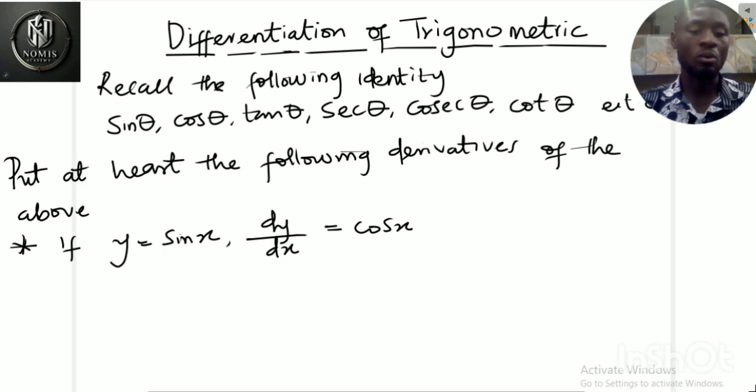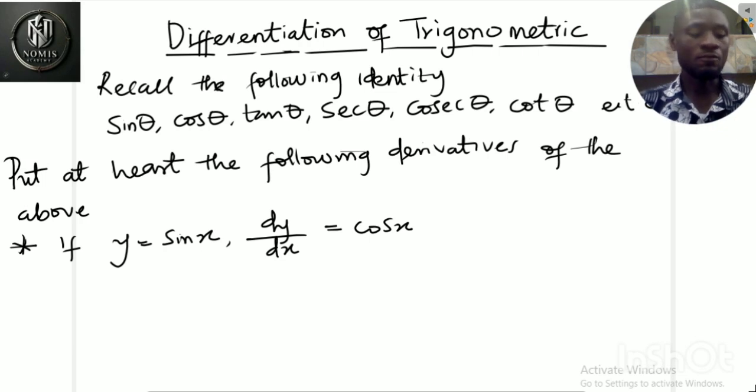So when we get involved in differentiation of trigonometric identities, we'll be using some identities that we should always put at heart. To put at heart the derivatives of the following, we need to memorize, learn, and understand them.